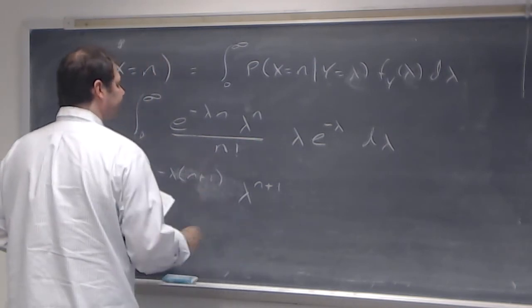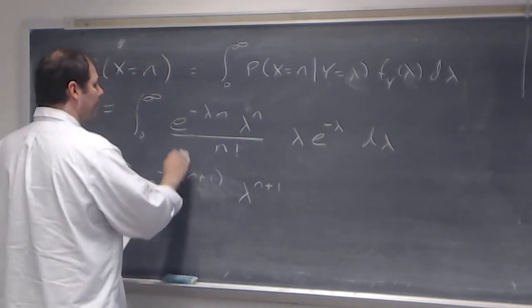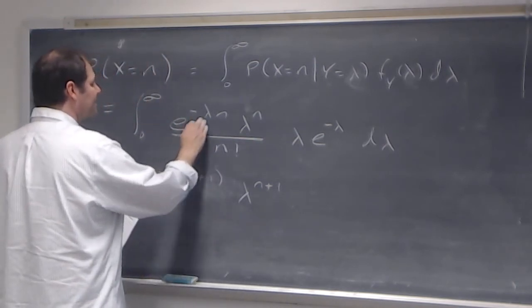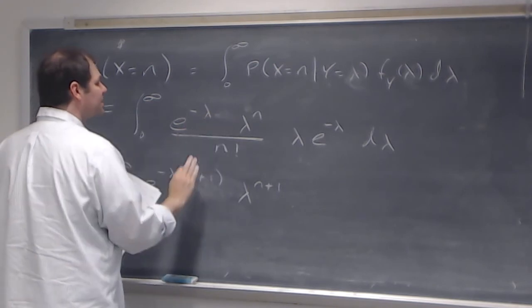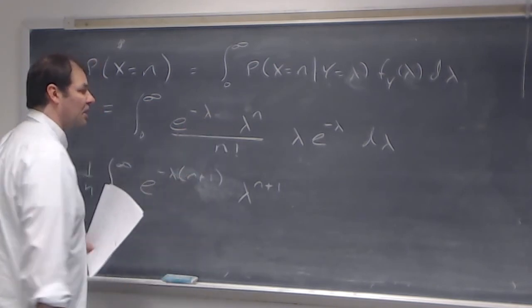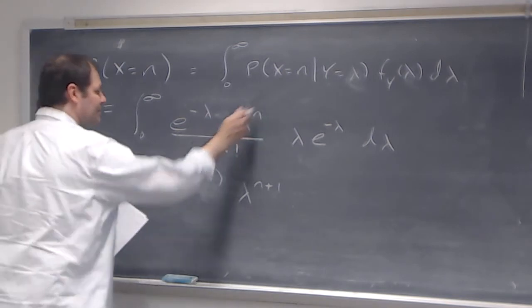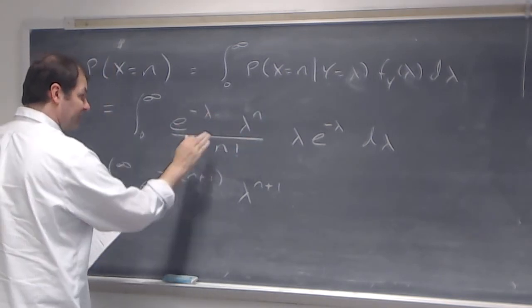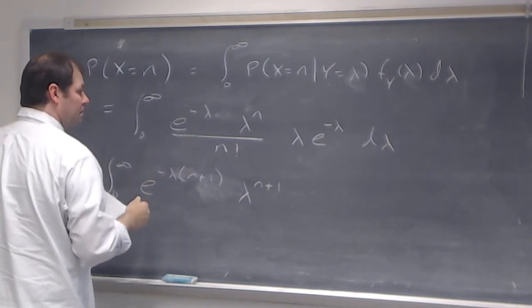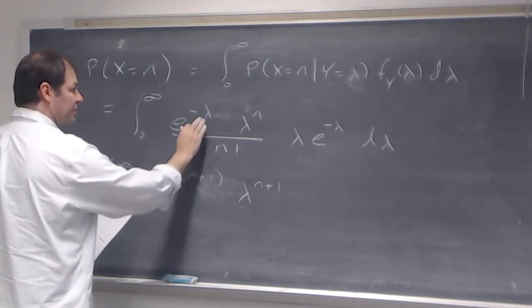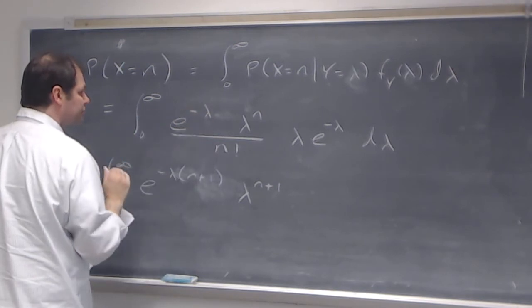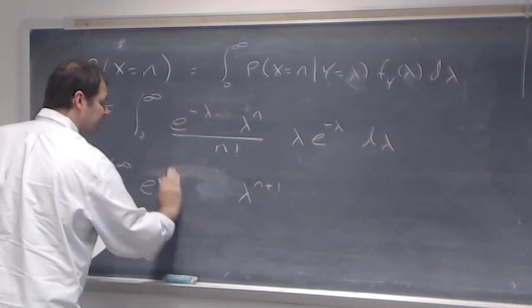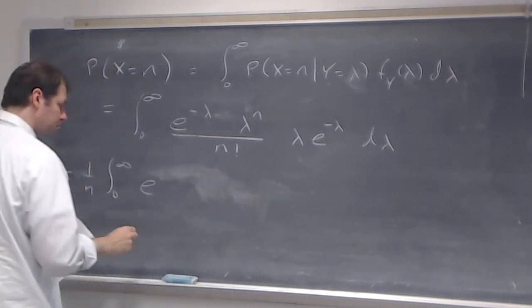I made a mistake. I'm very sorry. It's not e to the minus lambda n, it's just e to the minus lambda, the Poisson distribution: e to the minus lambda, lambda to the n over n factorial. I got confused in part with the gamma distribution. It should be e to the minus lambda, so what I've written here is incorrect. Let's make that correction.